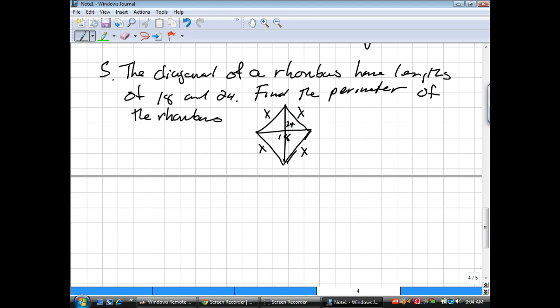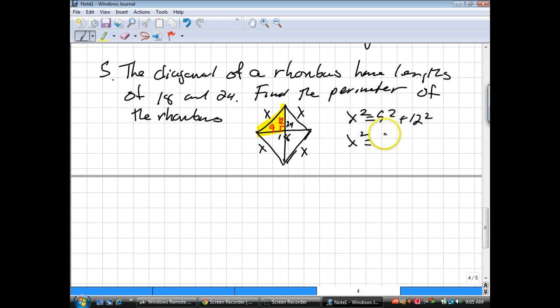But we also know that a rhombus is a parallelogram, so we know that the diagonals bisect each other. So we know then that this is 9 and this is 12. And we know that the diagonals are perpendicular to each other. So therefore, we can say that using this triangle right here, it's a right triangle, and so x is the hypotenuse, so we can say x squared equals 9 squared plus 12 squared.